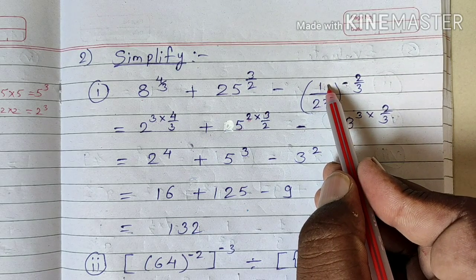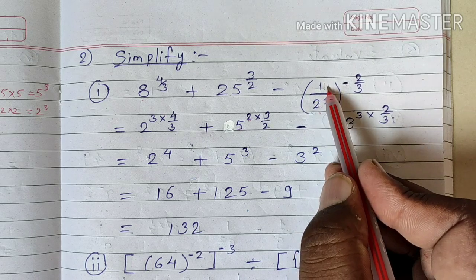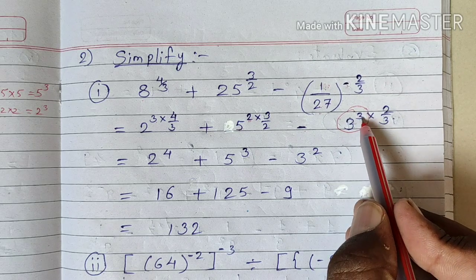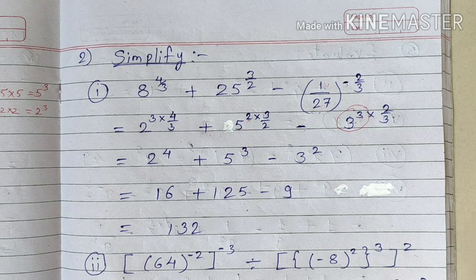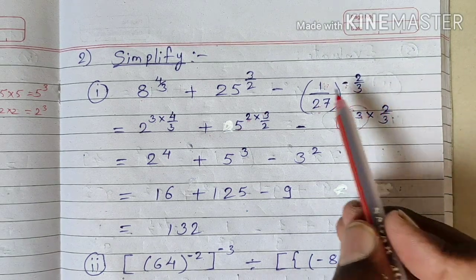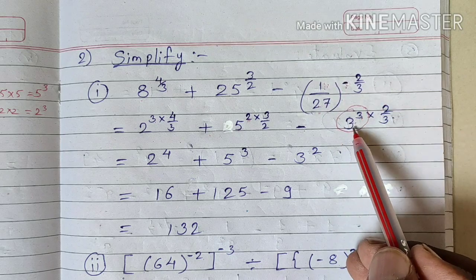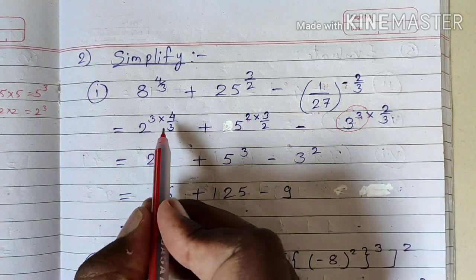So actually the reciprocal of 1 upon 27 will be 27 upon 1, but this 27 can also be written as 3 raised to 3. Understood what we have done? We made the power positive and we have taken the reciprocal of 27, but 27 can be mentioned as 3 raised to 3.